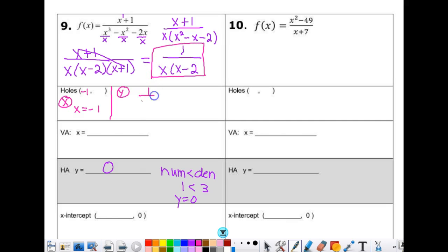So you have 1 over -1 times -1 minus 2. What's -1 minus 2? We're subtracting, so it'll be a -3. Now we're multiplying, so it'll be a +3, right?